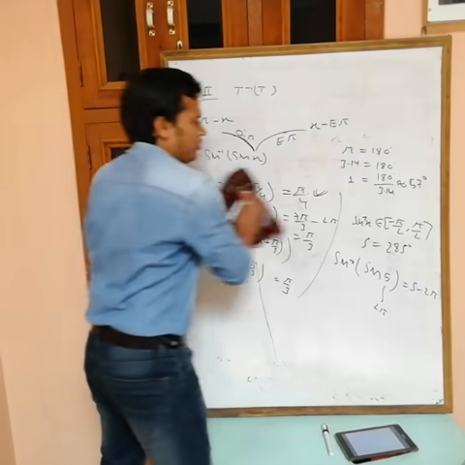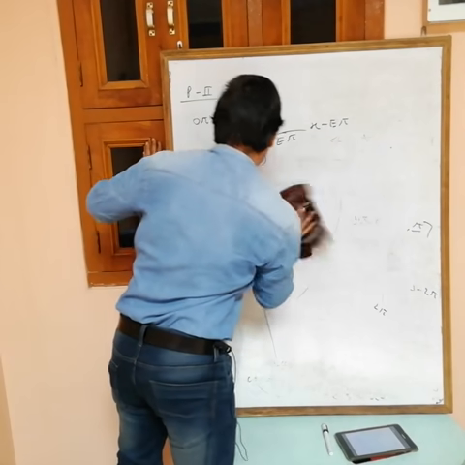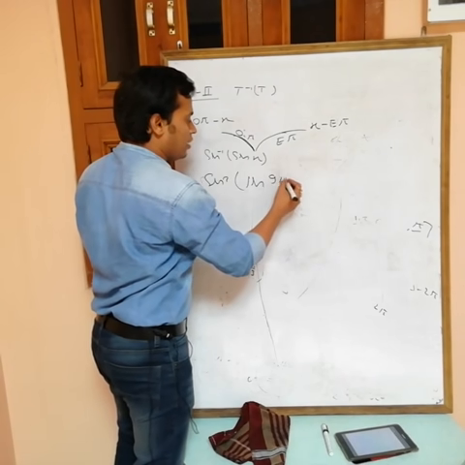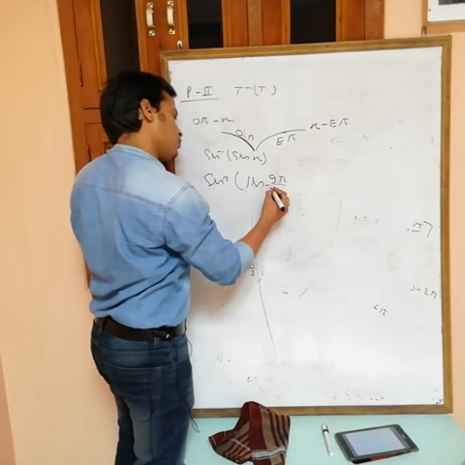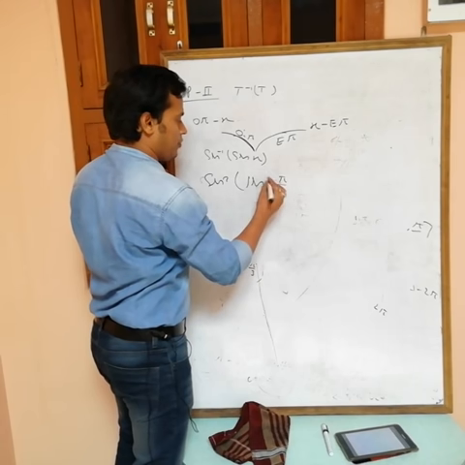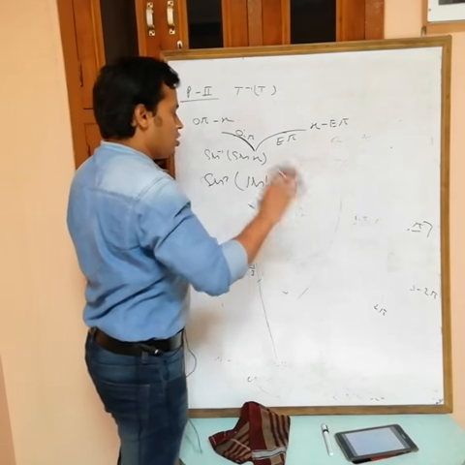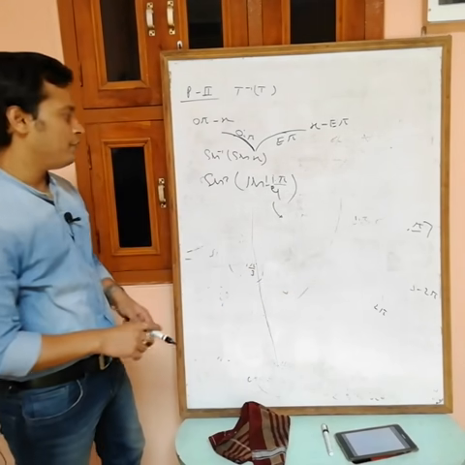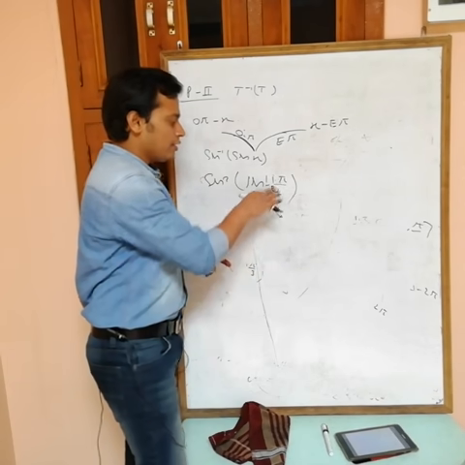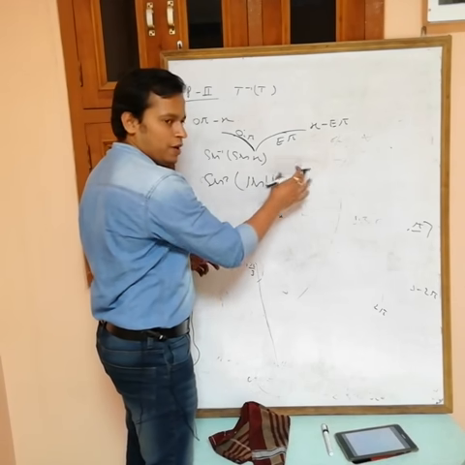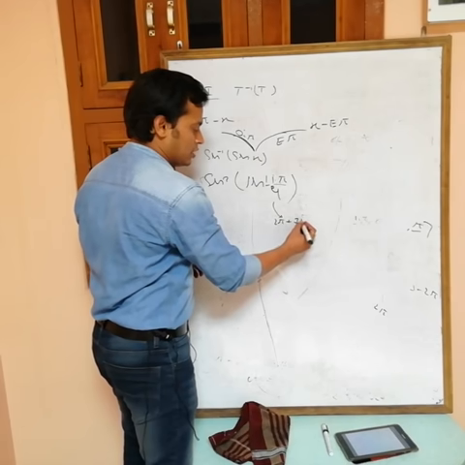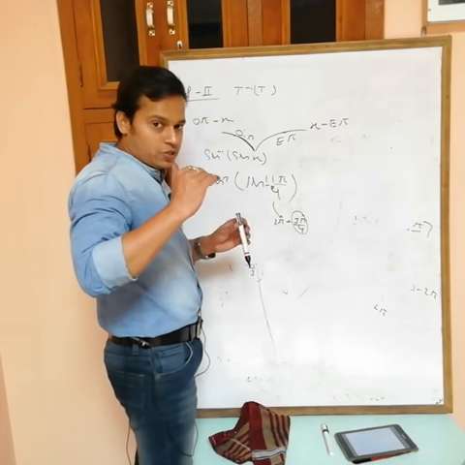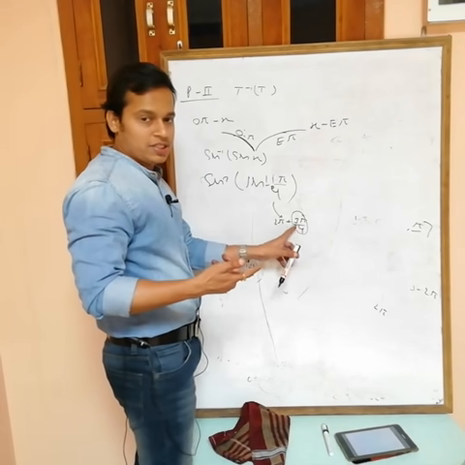Now for example, see fast: sine inverse of sine of 11 pi by 4. First identify whether this is near to an odd or even multiple of pi. I can write it as 2 pi plus 3 pi by 4, but 3 pi by 4 is not near, since near means within pi by 2 before or after, and this is greater than pi by 2.